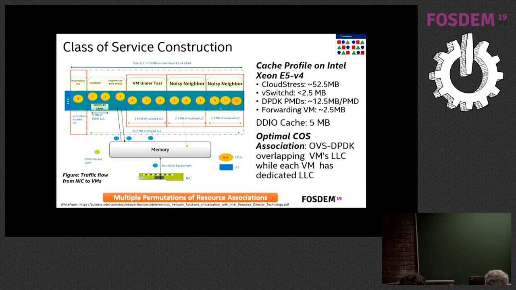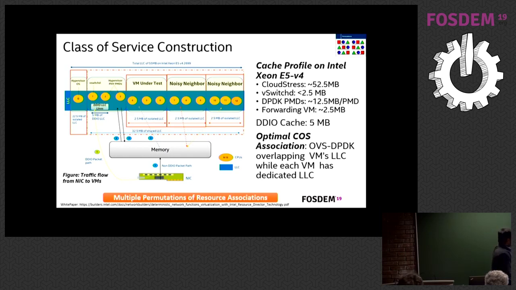So let's look at packet flow in a simple platform. You have packets coming in from your NIC and copied to the memory, and then your vSwitch is classifying a destination, and then they're copied onto the memory space of the VM that you're forwarding to. So you have these memory copies going on, but what if you take the DDIO path, the Data Direct IO path?